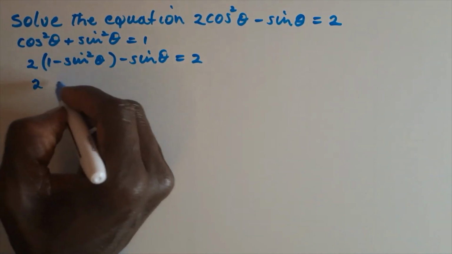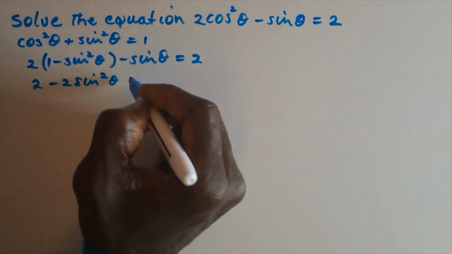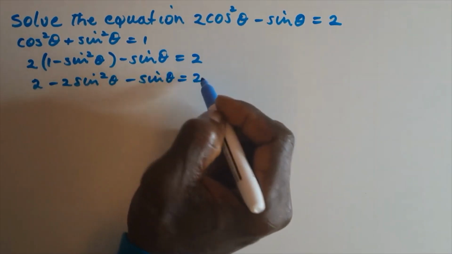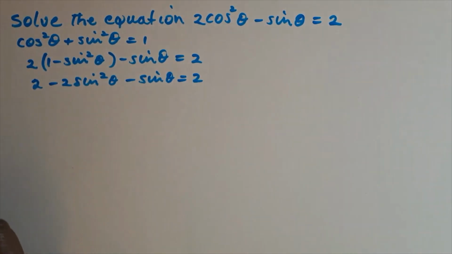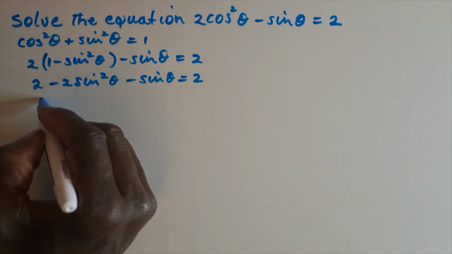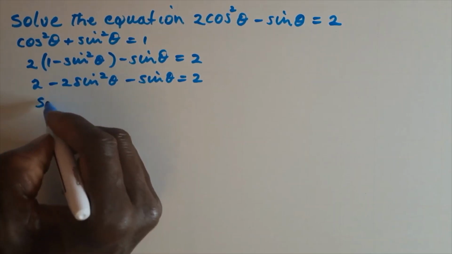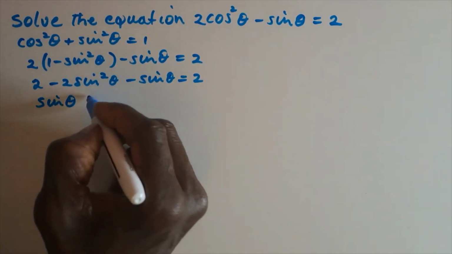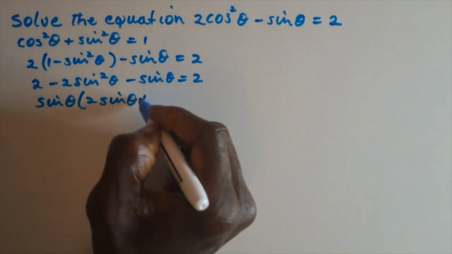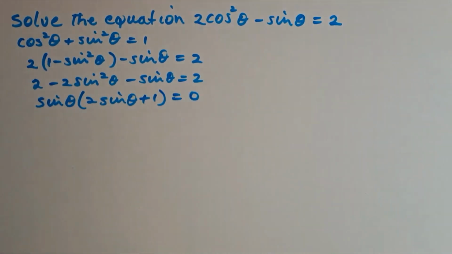We clear the brackets, we have 2 minus 2 sine squared theta minus sine theta is equal to 2. And if we factorize and simplify, we have sine theta into 2 sine theta add 1 is equal to 0.